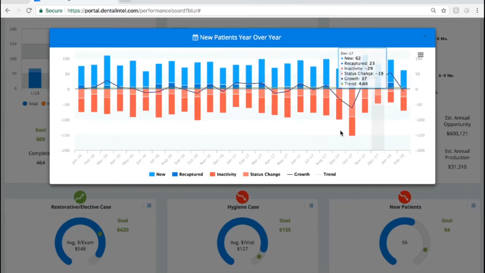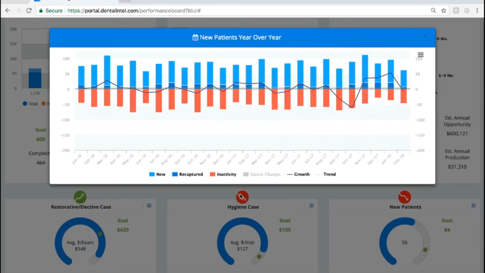Right. The only thing that's different, and let's go ahead and take off status change, look what was different in losing patients in December and January. The patients that fell into that bucket were much less than previous months.